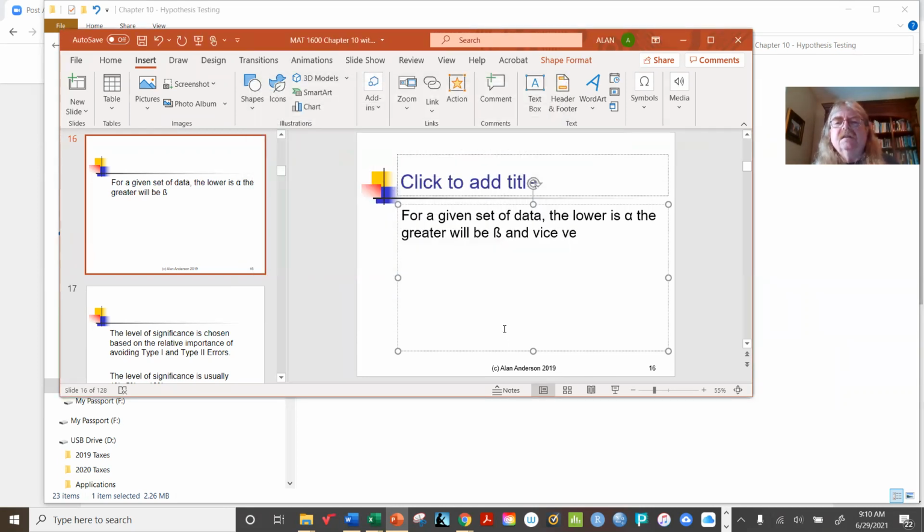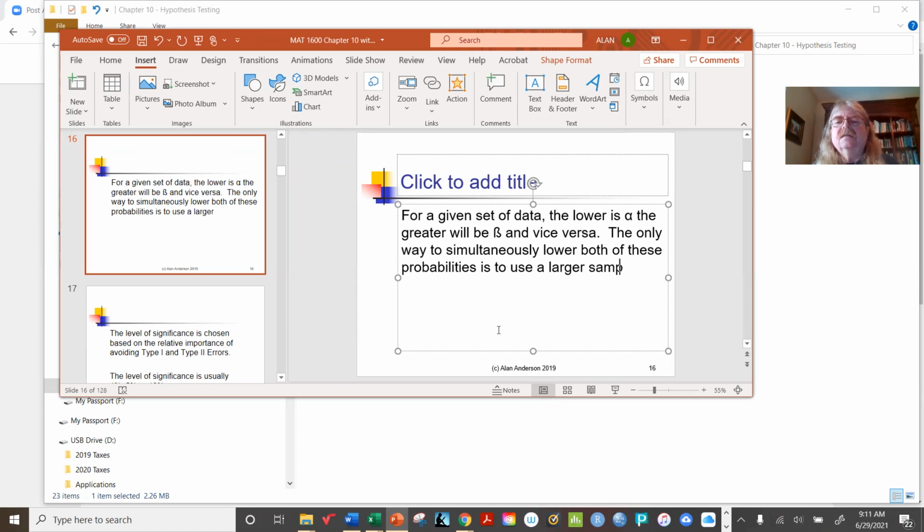And vice versa. The only way to simultaneously lower both of these probabilities is to use a larger sample size.